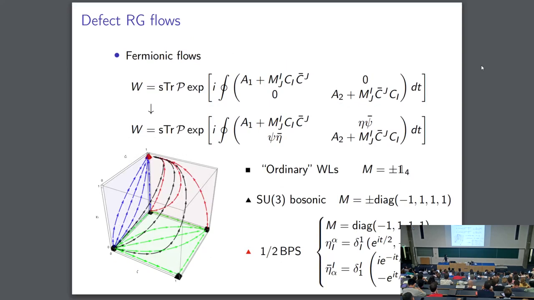Another thing we can do is to study fermionic flows. So we can start from a bosonic one that is actually a composition of 2 bosonic ones. So we have one node here, one node at the bottom, but no fermions in the off-diagonal. And we deform it. We add some perturbation that allows the fermions to appear in the off-diagonal.